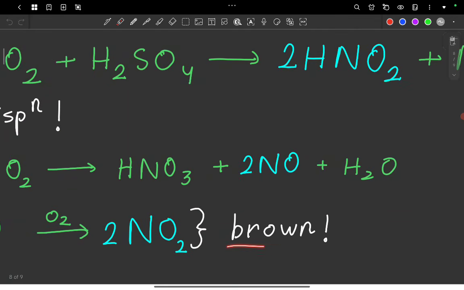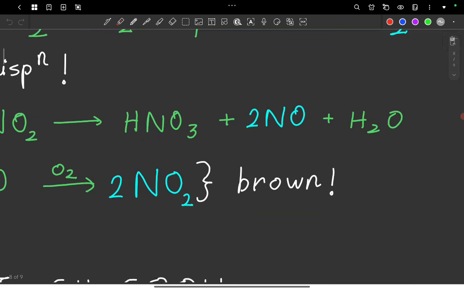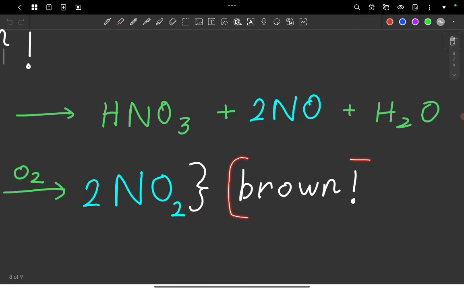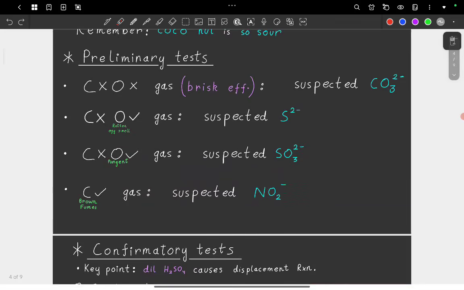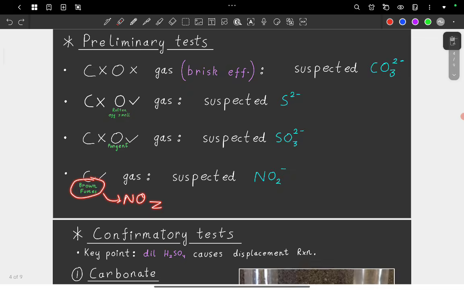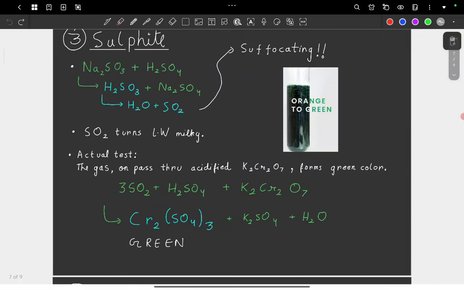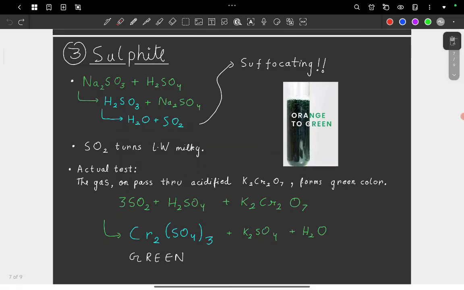This nitrogen dioxide is brown in color, and this brown fume was the result of the preliminary test, if you remember. This made us suspect that the nitrite ion is present.